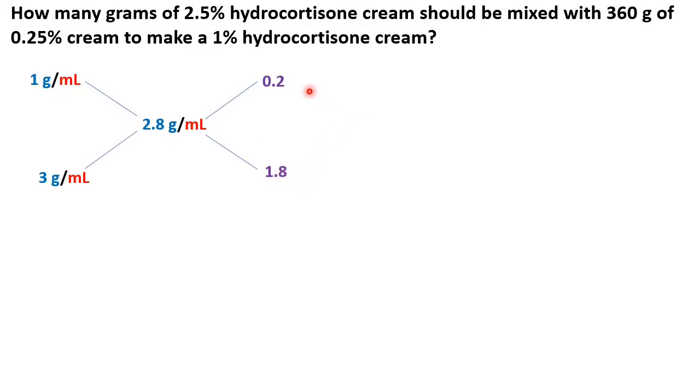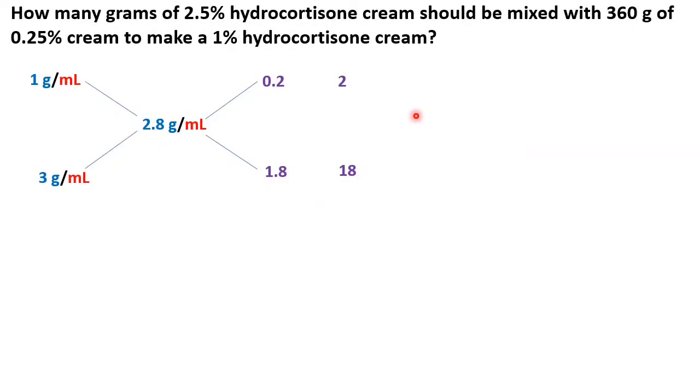So that means that to get the resultant solution of this density, we should mix 0.2 parts of this solution with 1.8 parts of this solution. Or we can make it simpler and say that we could mix 2 parts with 18 parts.